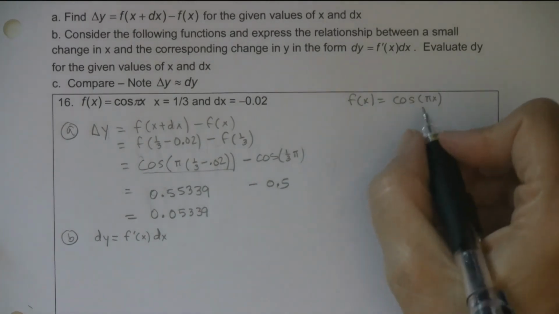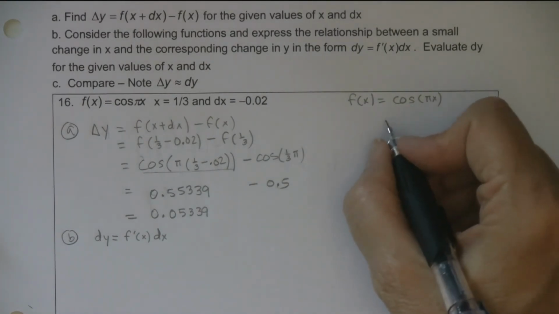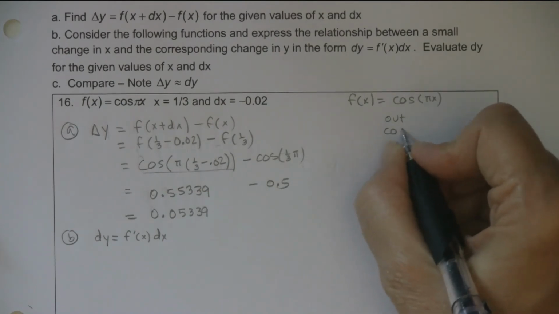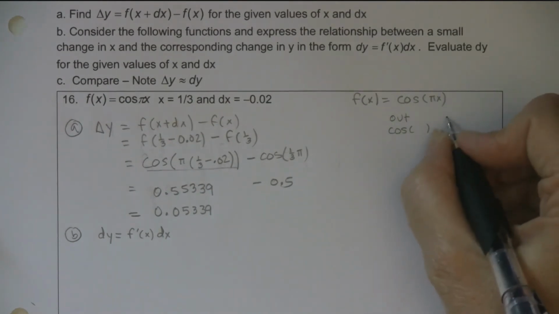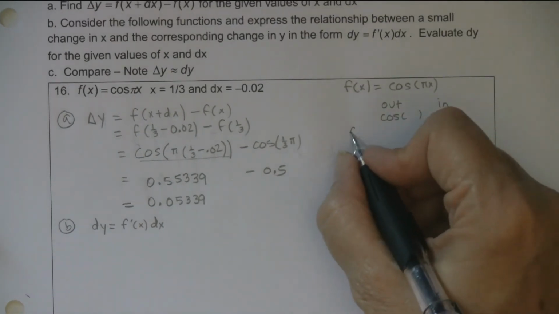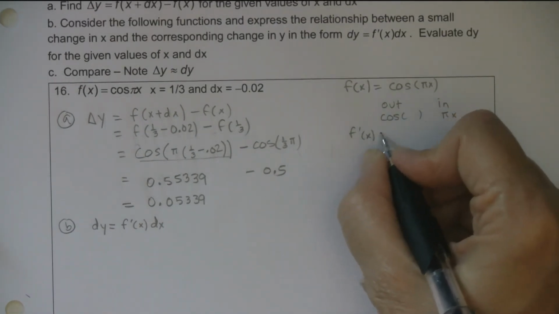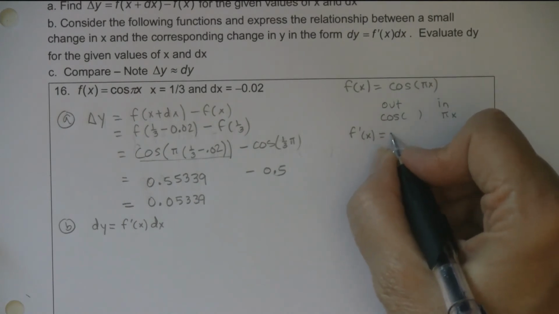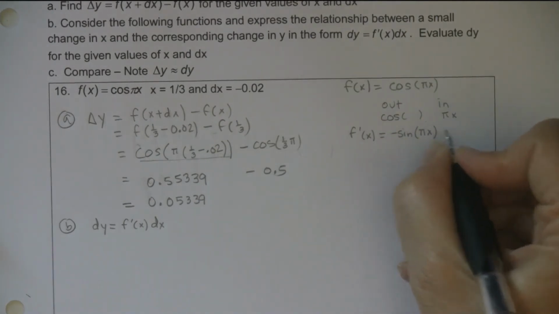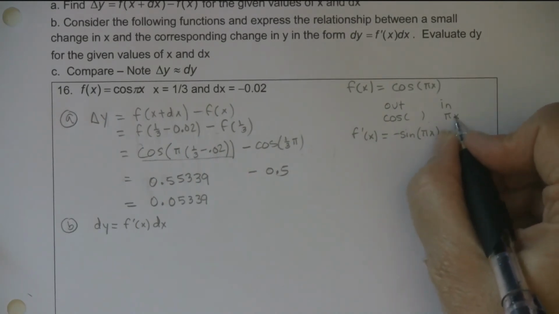Since I have pi x, the outside is cosine of whatever inside I have, and the inside is pi x, so the derivative is the outside, which is negative sine of pi x, times the derivative of the inside.